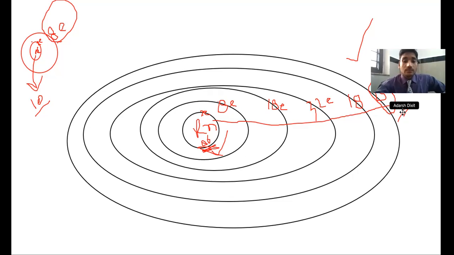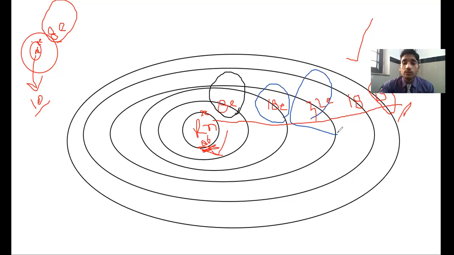But the electrons which are present in the inner orbits, like these 8 electrons, these 18 electrons, 32, 18, they are causing some shielding effect.